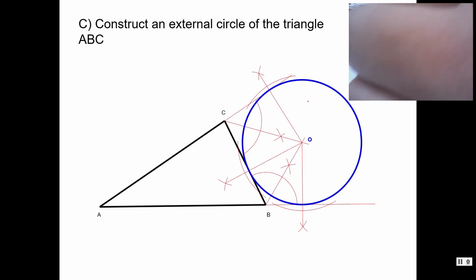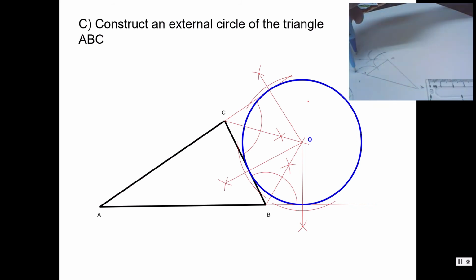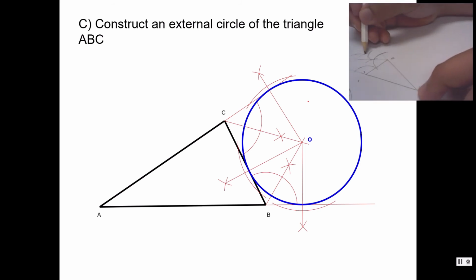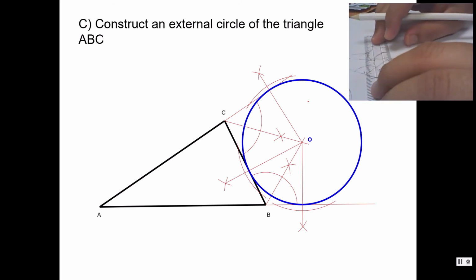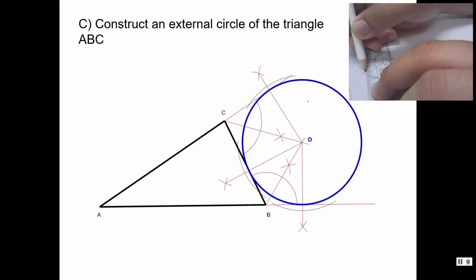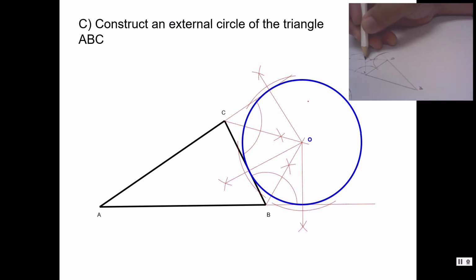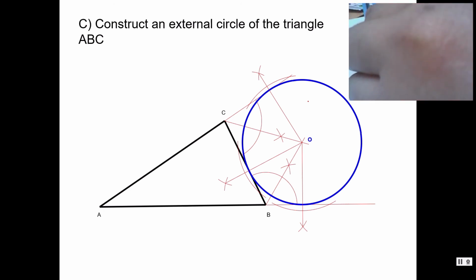Okay, so this is the point where we are going to draw a straight line. Now this is the point of intersection between these two bisectors. So this is the O. This is the O, and then after that you want to find the point that the circle will touch.